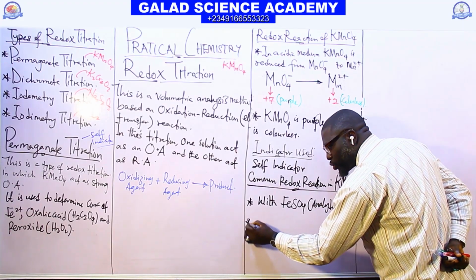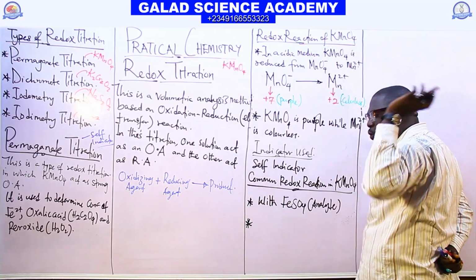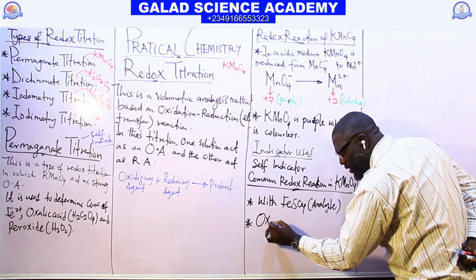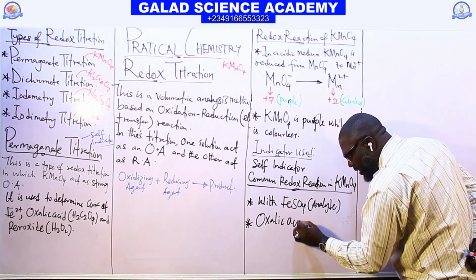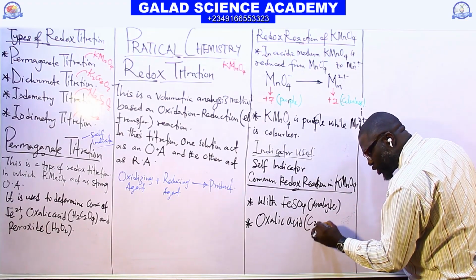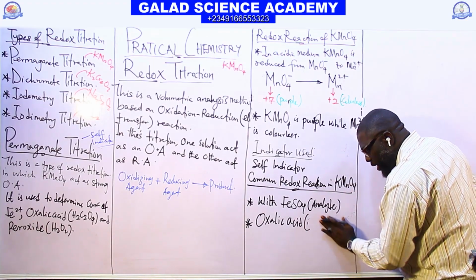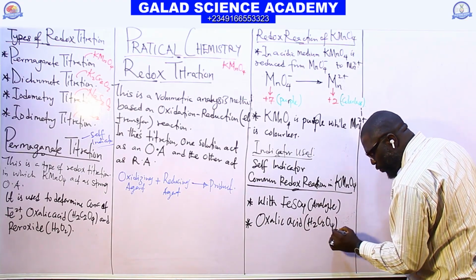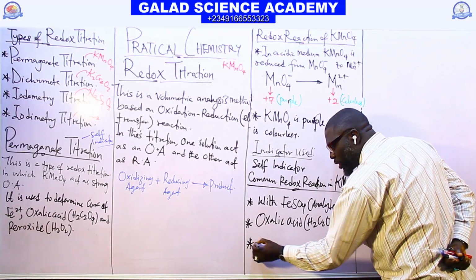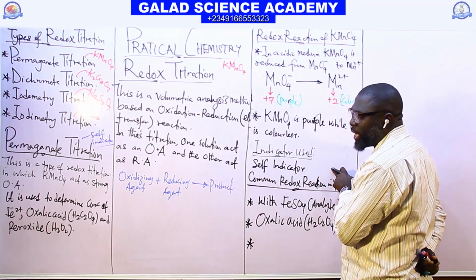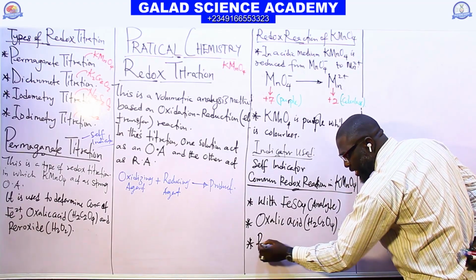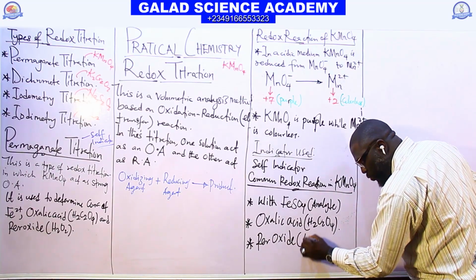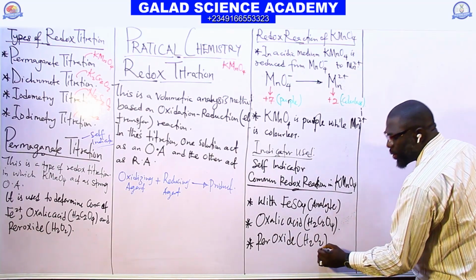We can also titrate KMnO4 with oxalic acid, H2C2O4. We can also titrate KMnO4 with peroxide, which is hydrogen peroxide.